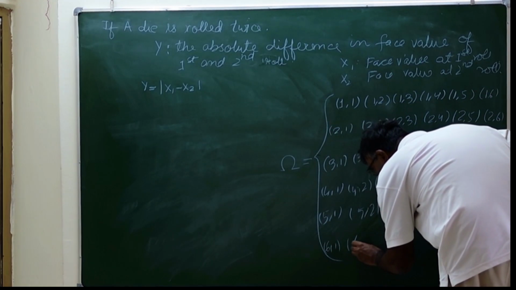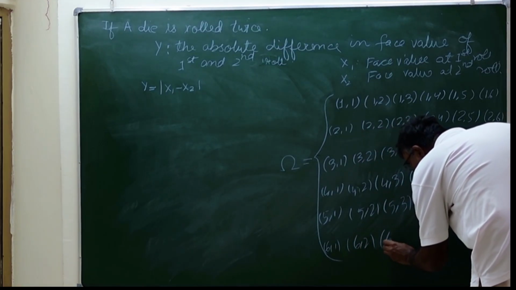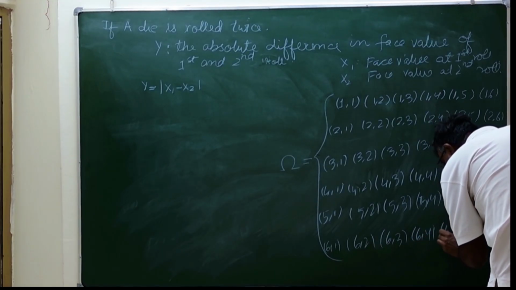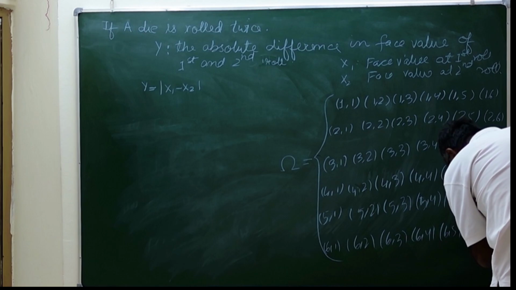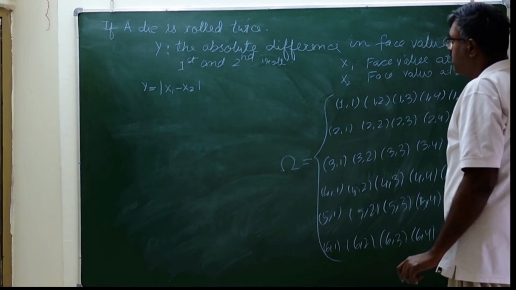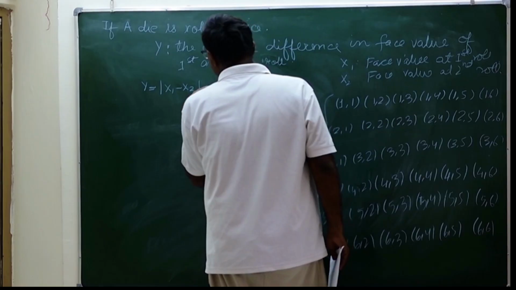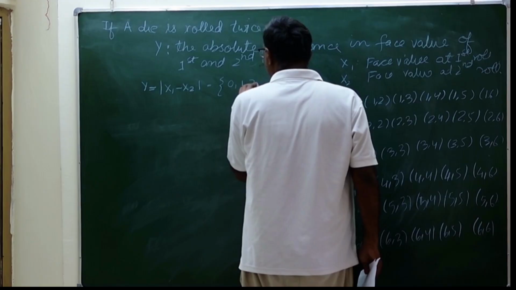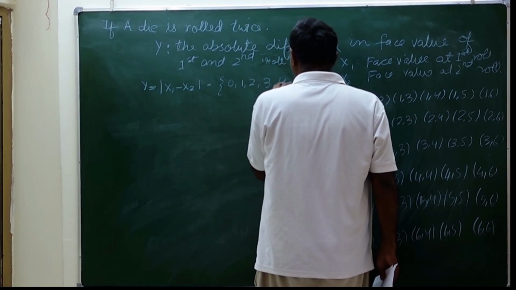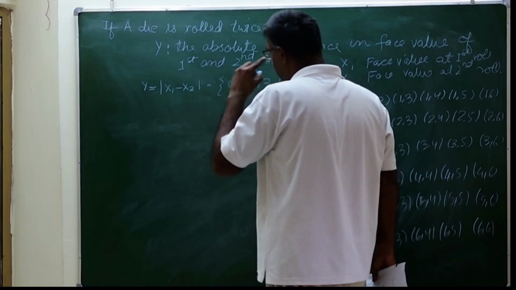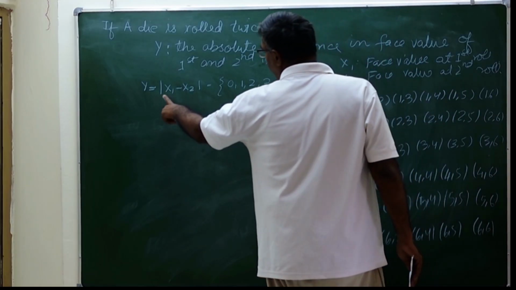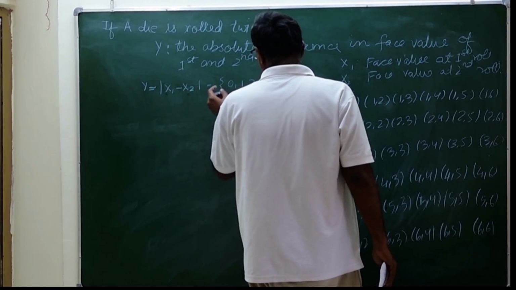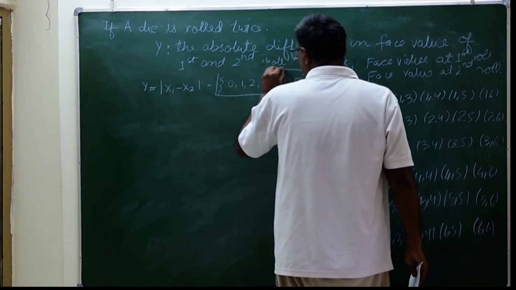Similarly, 6-1, 6-2, 6-3, 6-4, 6-5 and 6-6. So from here we observe that the possible values of Y are 0, 1, 2, 3, 4 and 5, because x1 can have values from 1 to 6 and similarly x2 has values from 1 to 6.